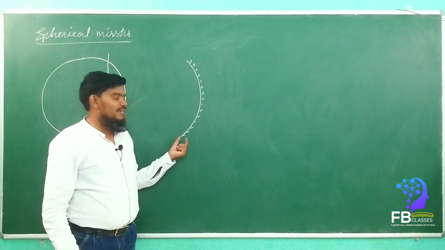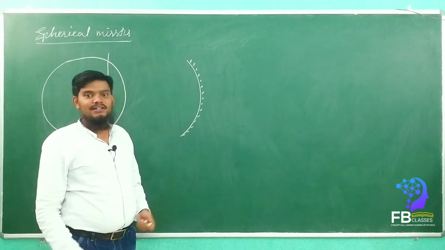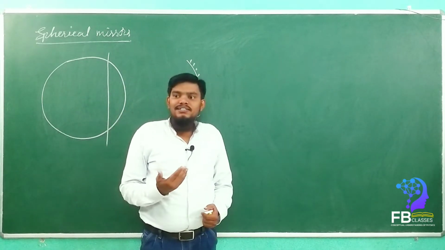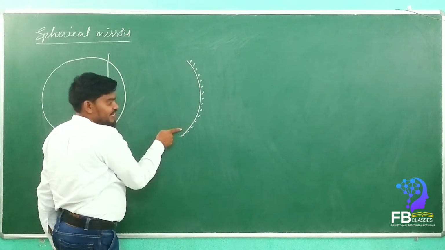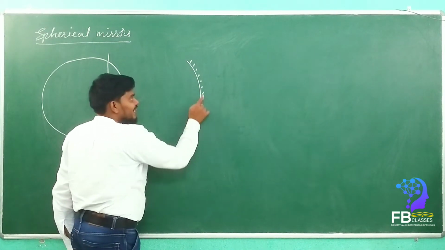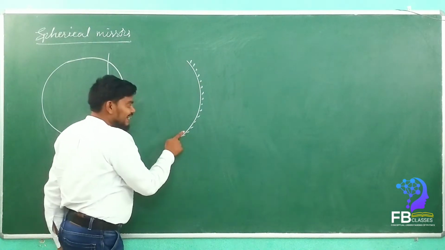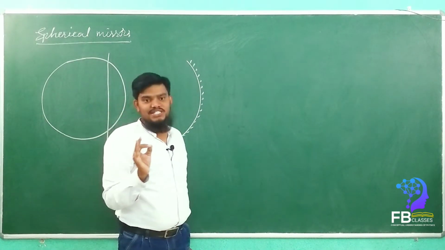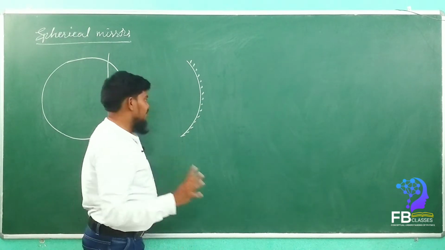This spherical mirror we can name a concave mirror. So how can we understand the concave mirror? A concave mirror has a reflecting surface. See here, the dotted line is the painted surface, and the undotted line is the reflecting surface. The same thing we drew for the plane mirror also, right? Yes, sir. Very good.